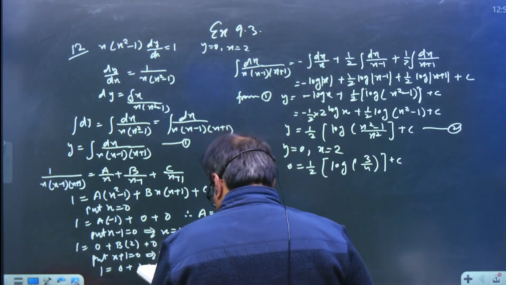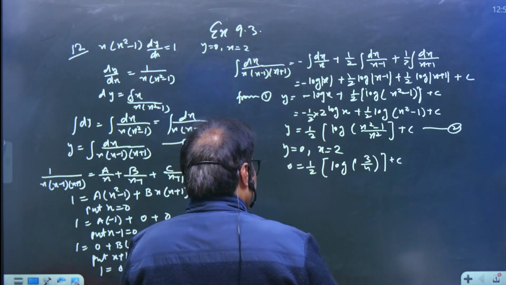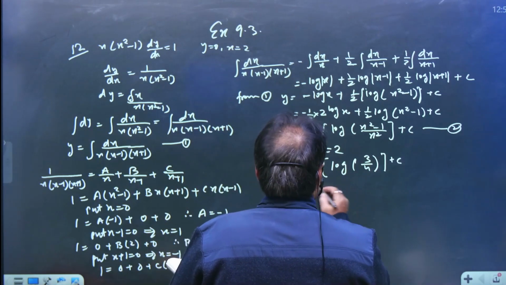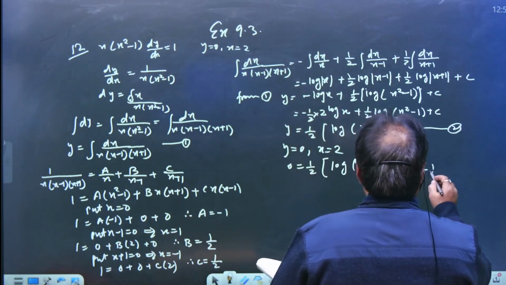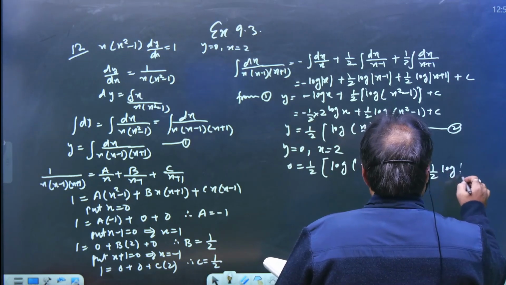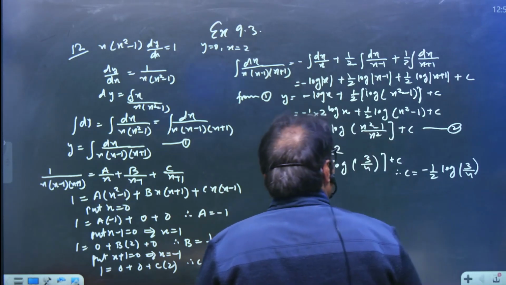So what about the value of c? So therefore the value of c is equal to minus 1 by 2 log of 3 by 4. Okay, this is the value of c.